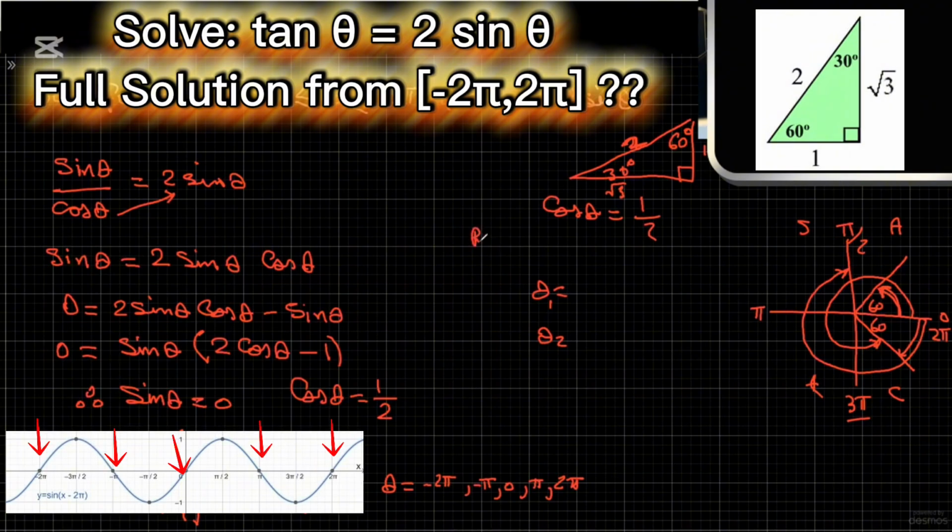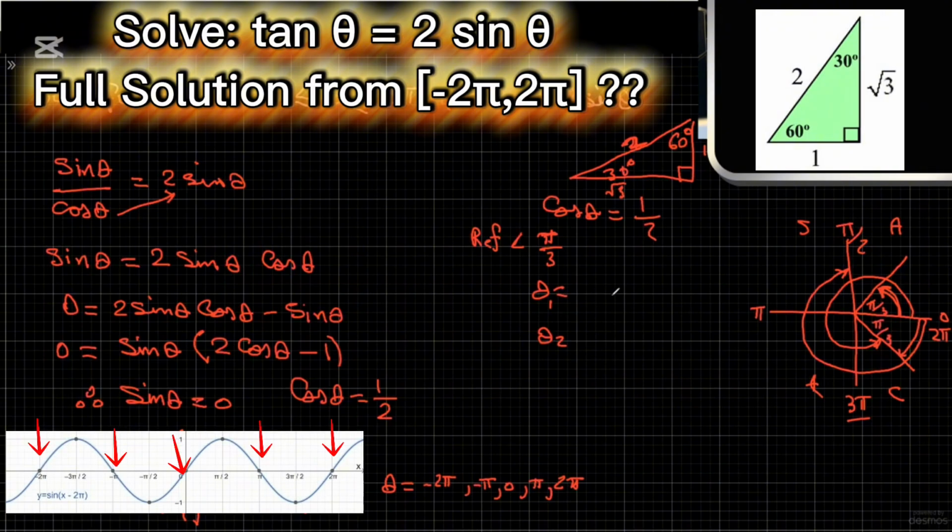The reference angle for this one, 60 in radians, is pi/3. And therefore, instead of 60 there, it is pi/3 for a reference angle and pi/3 for a reference angle.